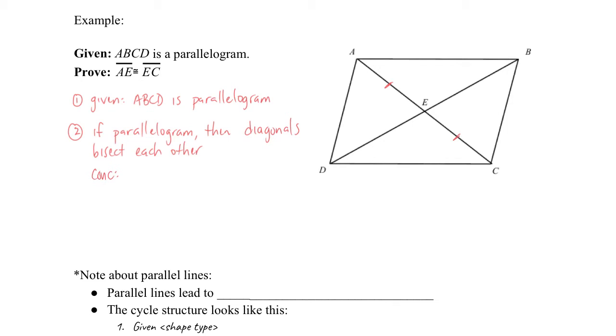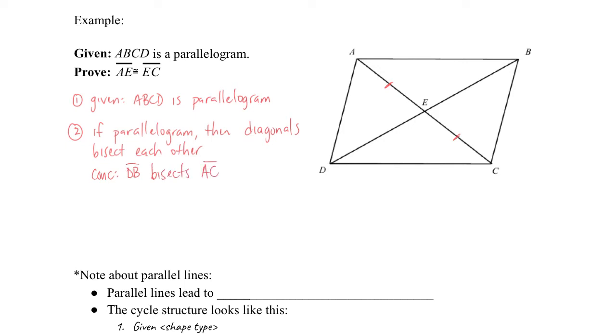Now in this case, I don't necessarily care that AC bisects DB because I'm not trying to prove that DE equals BE. What I care about is that AC is being bisected. So all I'm going to conclude here is DB bisects AC.